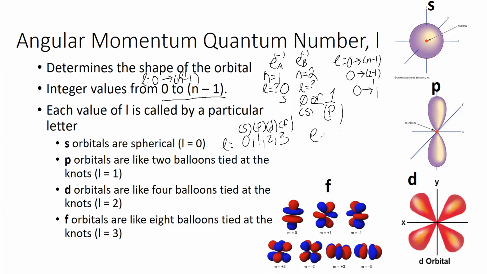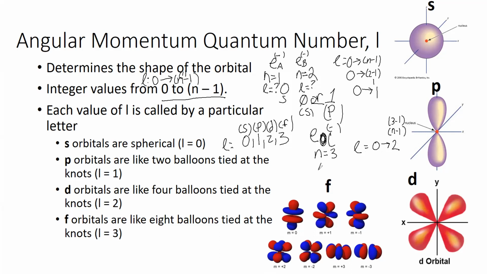If we go to electron C, whoops, that's not a C, that's a C. And we say, well, here, electron C has an energy level of 3, which means L has a possible range of 0 to 2. Remember that 2 is coming from n minus 1. 3 minus 1 is 2.